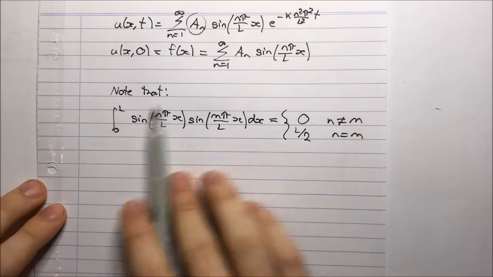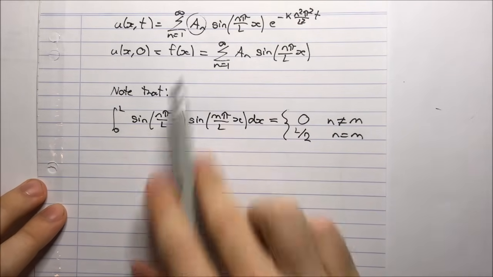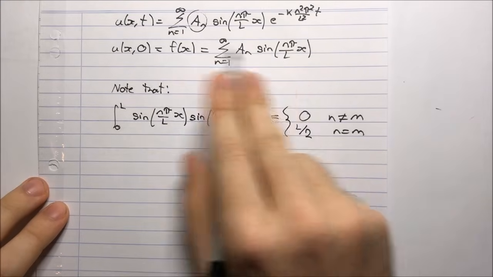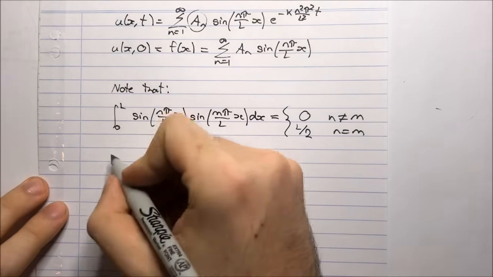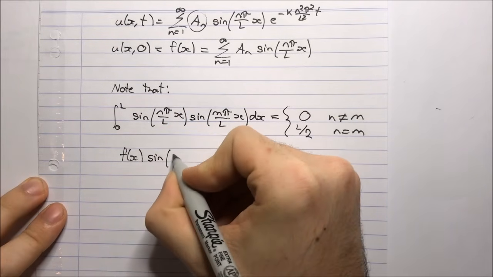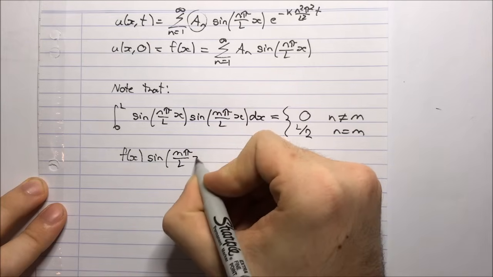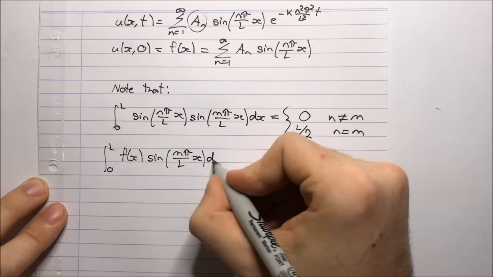Alright, so how can I apply this to my statement up here? Well, I'm going to multiply both sides by sine of m pi on L, m for mother or something. So f of x times sine of m pi over L x, and I'm going to integrate from 0 to L dx.